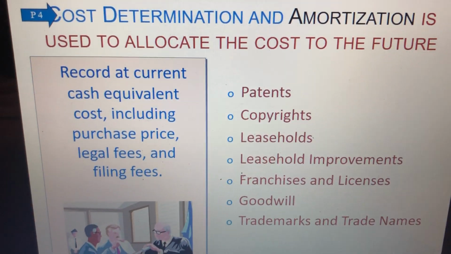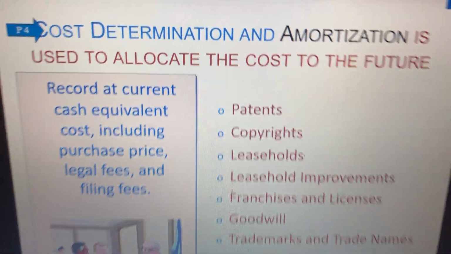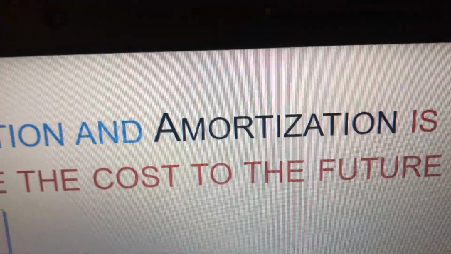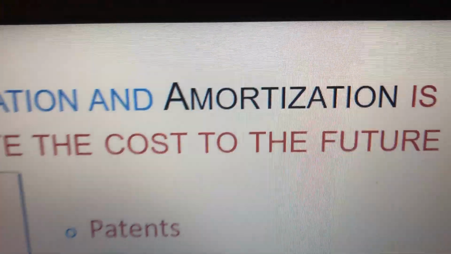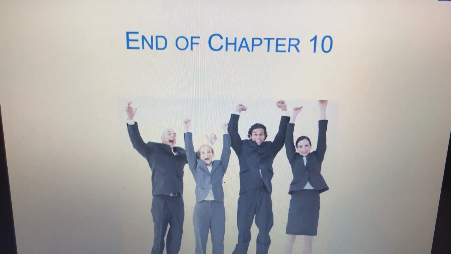Now, know the examples there for intangible assets. Know that what we do with them is to amortize them. We don't depreciate, we don't deplete, we amortize them. Okay, and that's the end of the chapter.